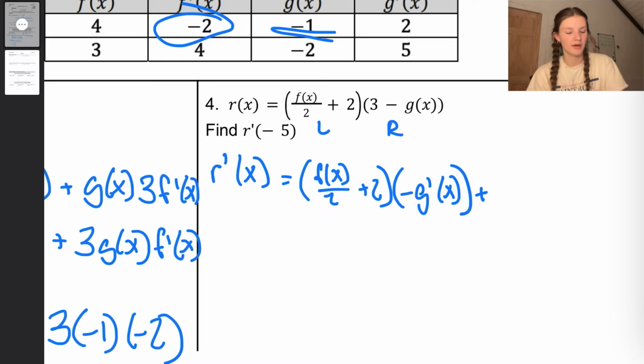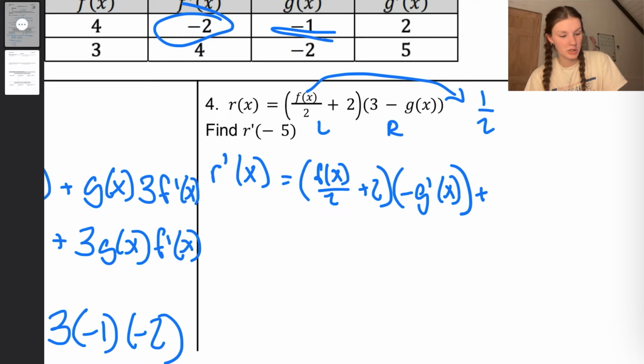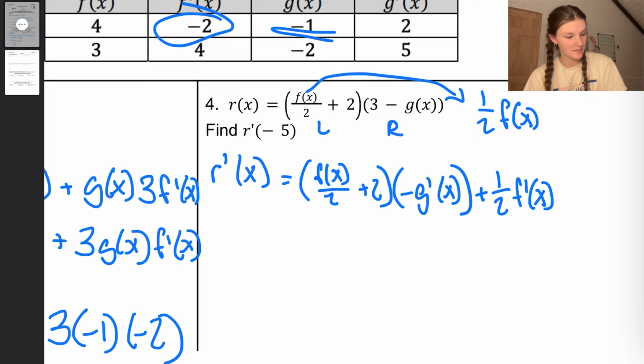This is equal to 1/2 times f of x. So we'll just be putting that in as 1/2, because that's the coefficient. So 1/2 the derivative of f of x. Plus 2, that's going to be 0, so it doesn't matter. And then keep right the same.